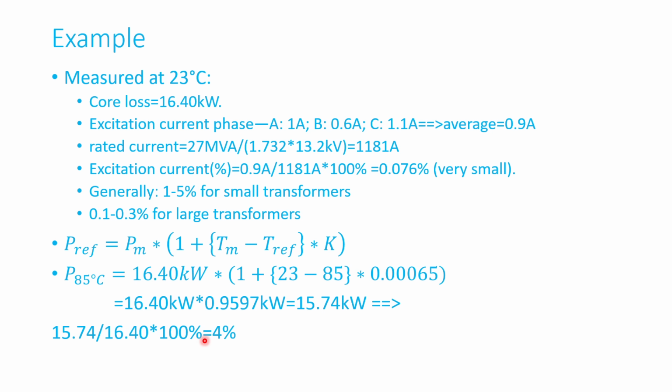So that's one of the reasons why IEEE, for instance, recommends the core losses to be corrected to 20 degrees Celsius. In other words, core losses decrease as temperature increases. So that's one takeaway from this small exercise.